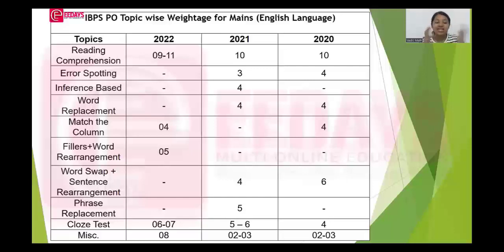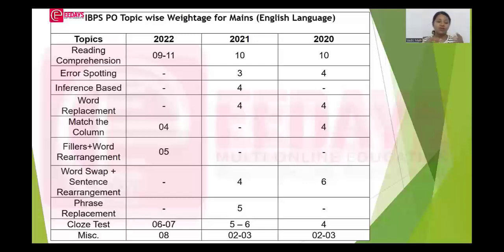So make sure that, irrespective of the exam you are preparing for, these are the topics that frequently come in the papers. So try to prepare for it. Don't ever leave any topic to luck, because it doesn't work out. And there is also no guarantee, right, that this topic will not be asked in this exam.